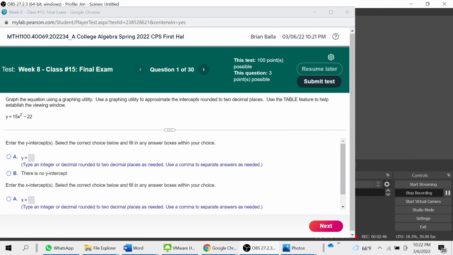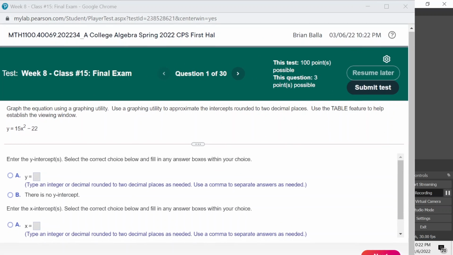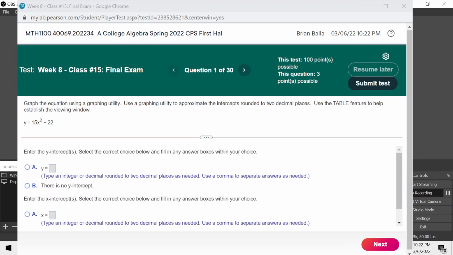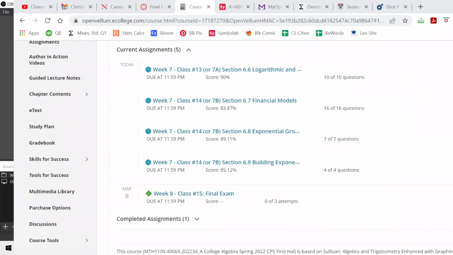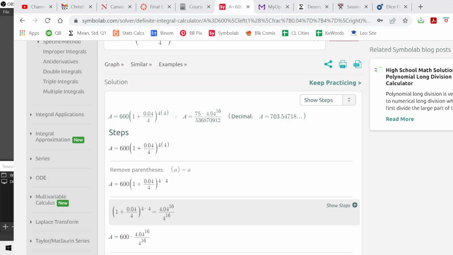Let me just move this thing here. Let me solve for this problem. Hold on.